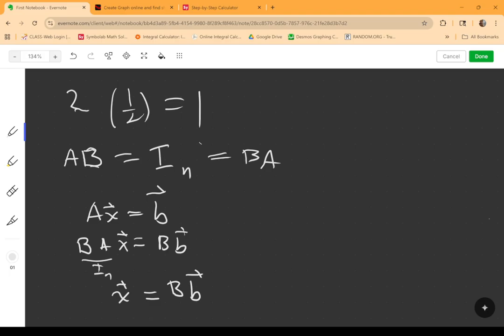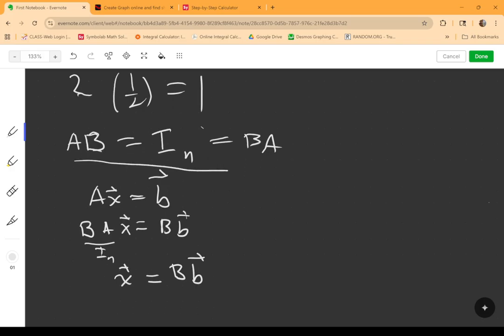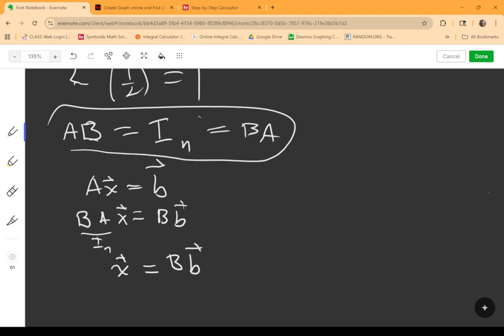We spend a lot of time solving these systems of equations, doing reduced row echelon form. Well, this bypasses all of that. I just find this matrix B, and then I solve my system by essentially just working with matrices. Seems like a very powerful tool.